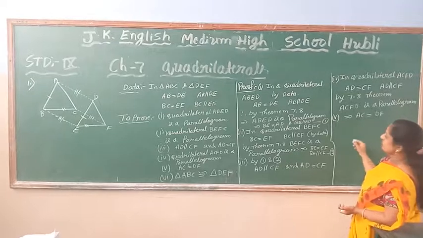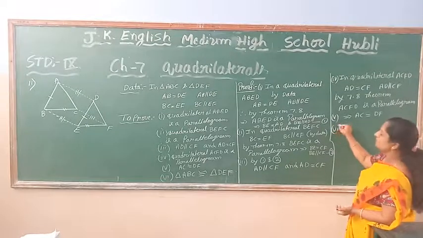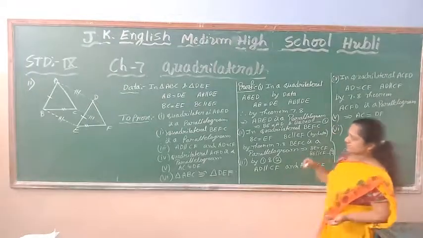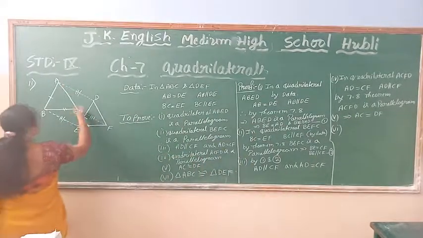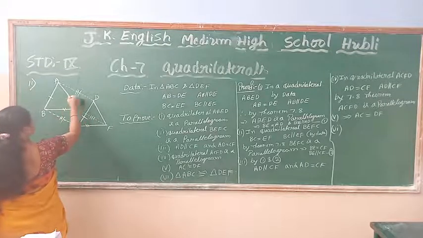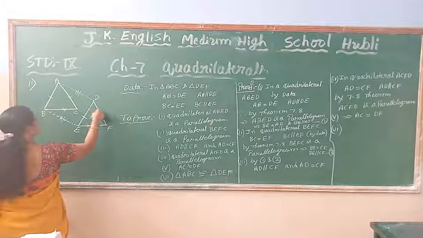Continuation of this. Then the sixth one I have to prove now. We proved ACFD is a parallelogram. These two sides are also equal and parallel.